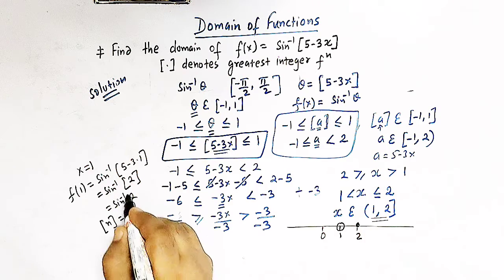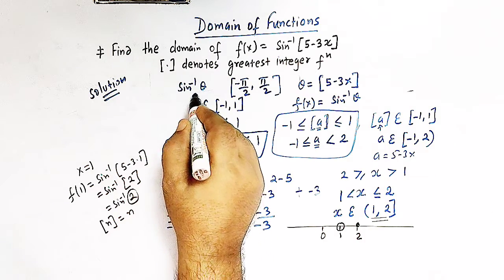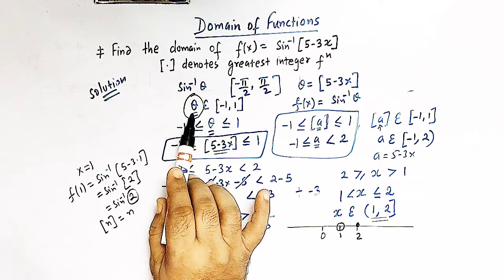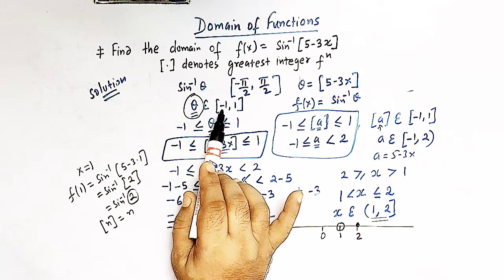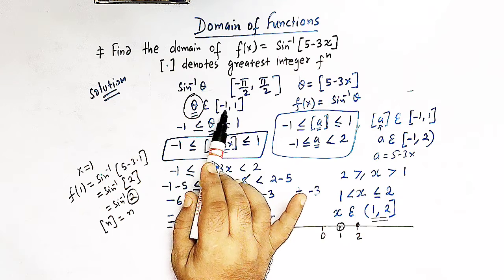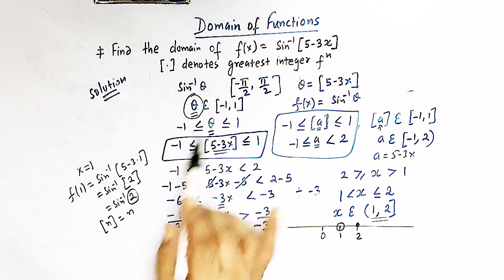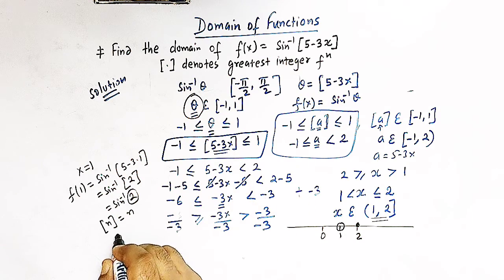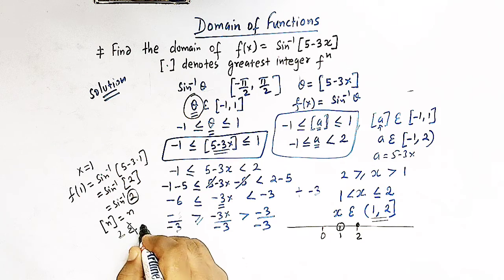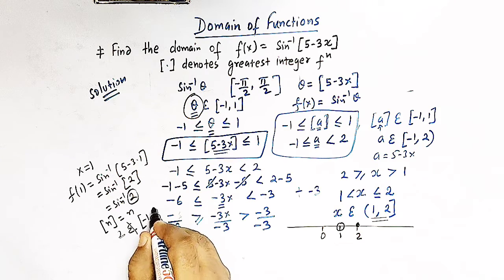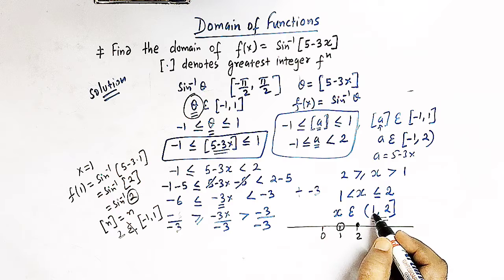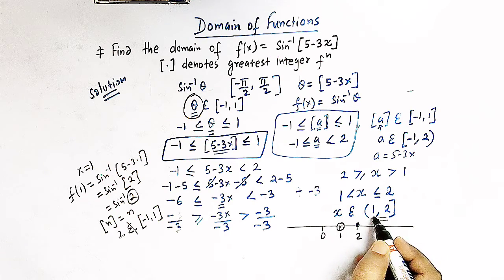So we have sine inverse 2, and we can see that theta belongs to the interval minus 1 to 1, right? Here we have 2, and 2 does not belong to the interval minus 1 to 1. So we cannot take x equal to 1 in our domain.